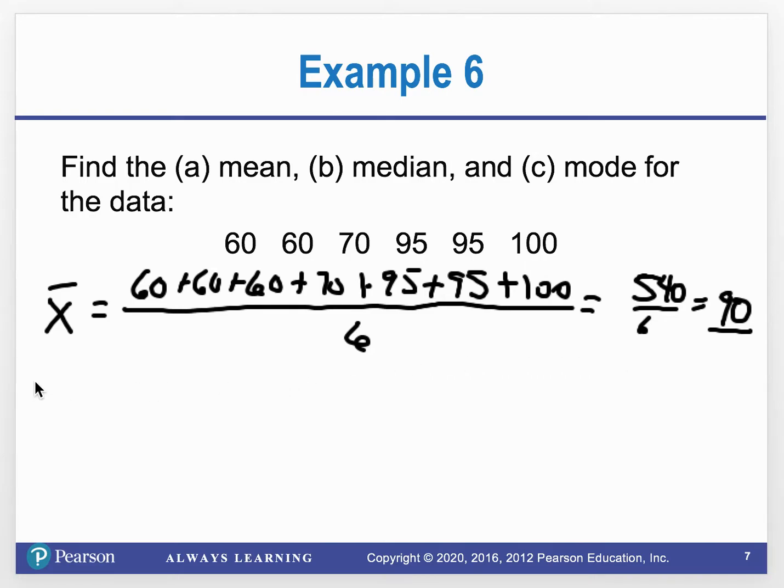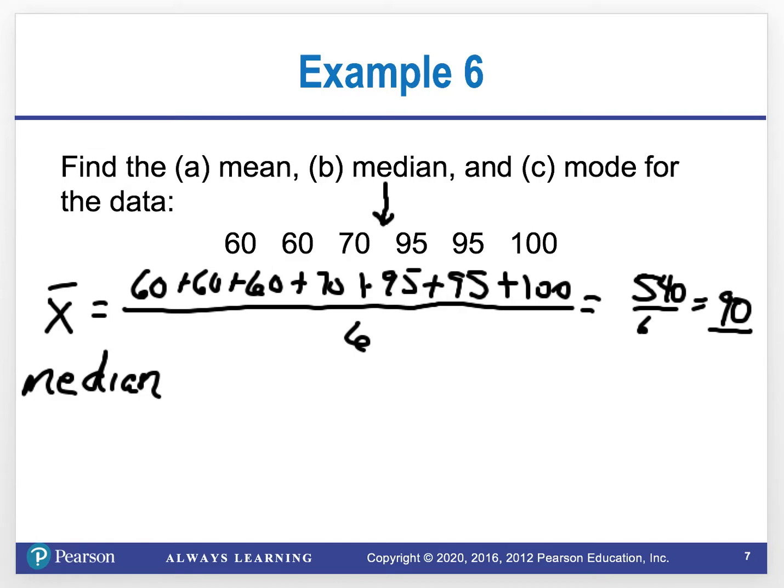The median, we put them in order, and I notice they're already in order. I could count from both ends and realize this is exactly in the middle.